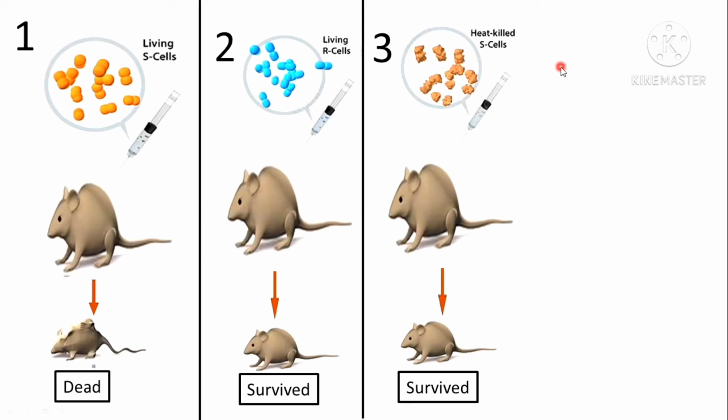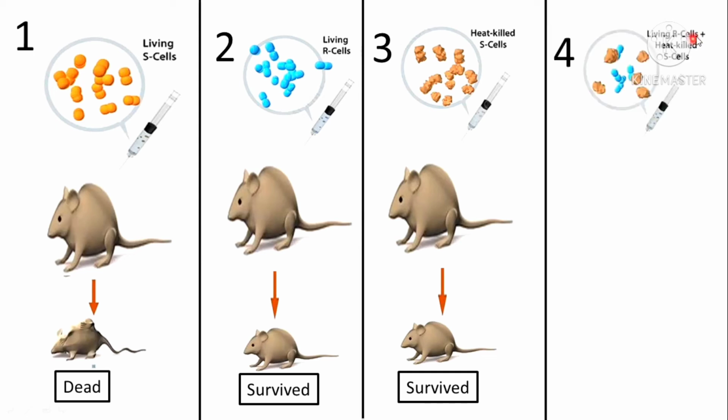And in the fourth, he mixed live R2 bacteria, which is non-virulent, so will not kill mice, and heat killed S3 bacteria, which will also not kill mice, as it is killed, so it is non-functional. So when we individually infect mice with the strains, mice live. Now if we mix them, mice should live, as both aren't causing infection.